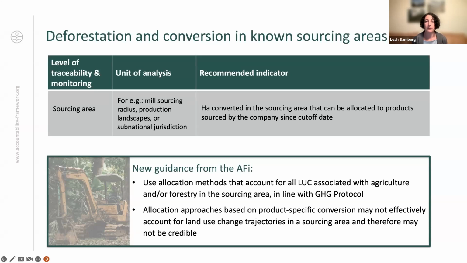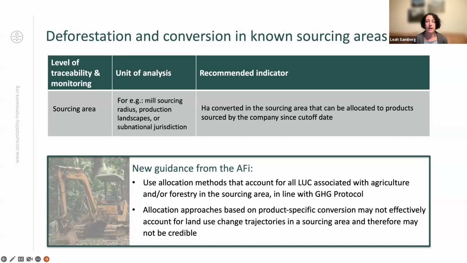It might also be appropriate where that sourcing area is the most relevant scale for managing deforestation and conversion risk, or when companies source from jurisdictions or landscapes where it can be shown that there's been no or negligible recent conversion. So this guidance adds detail to existing recommendations in the Accountability Framework, indicating that companies should use allocation methods that account for all land use change associated with agriculture or forestry in that sourcing area in line with the GHG Protocol.